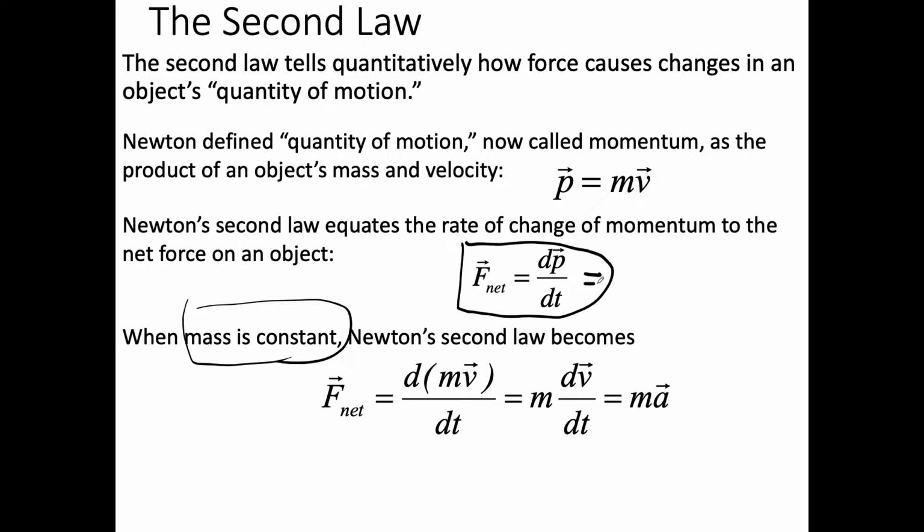If m is not a constant, then we should use the chain rule of derivative. We should have v times dm/dt plus m dv/dt, and dv/dt of course is a.